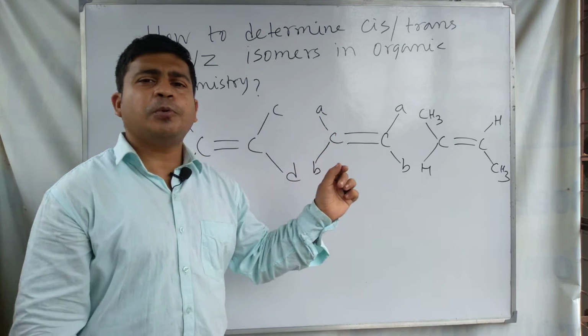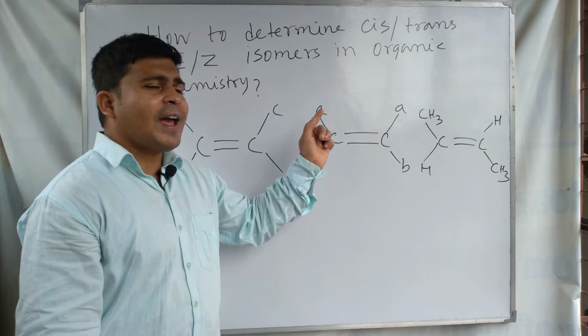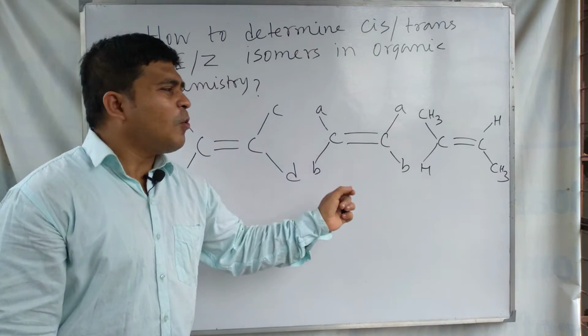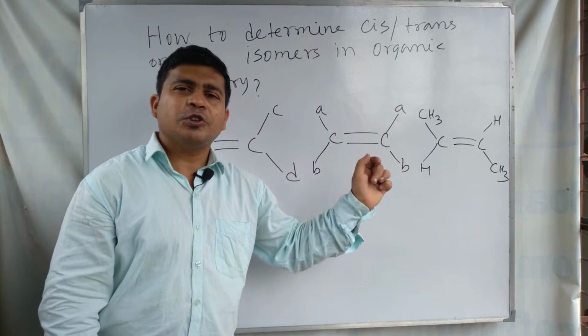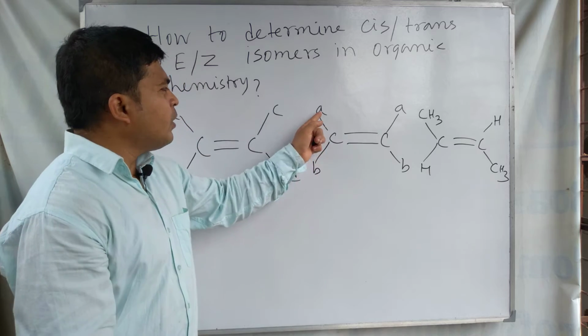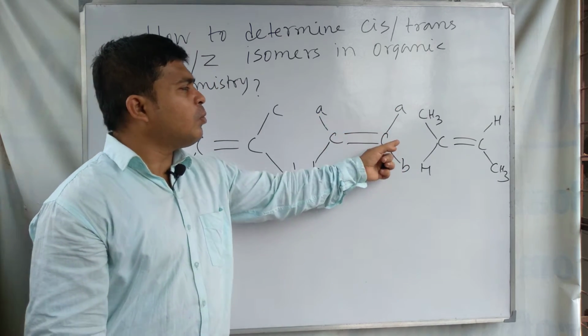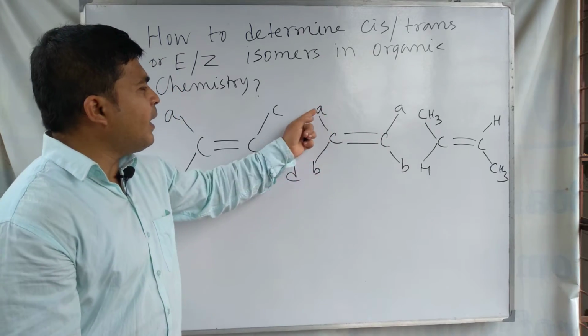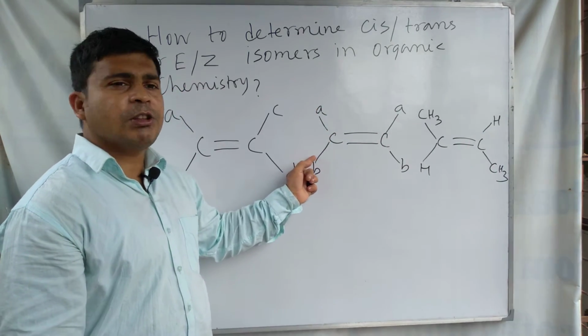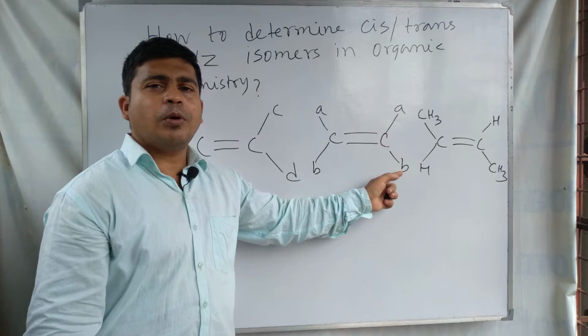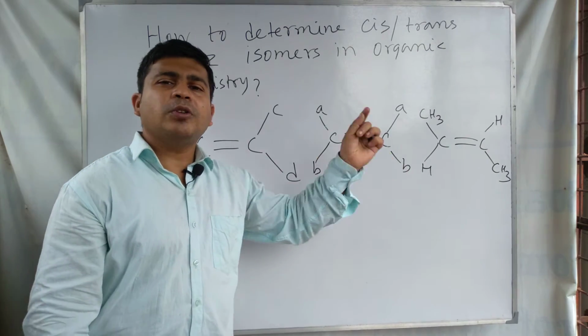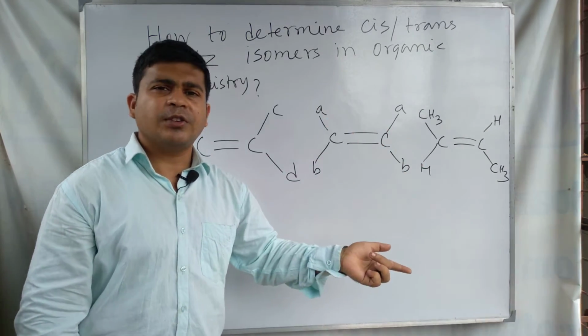So at first you have to check whether the compound satisfies all the conditions required for geometrical isomerism or not. You have to check the groups of atoms that are attached to the carbon double bond. If you find these two groups are different from each other, then the compound can show geometrical isomerism.